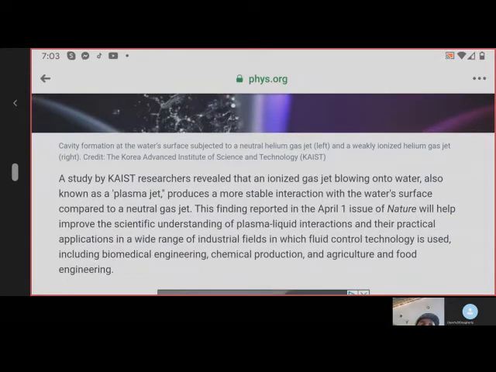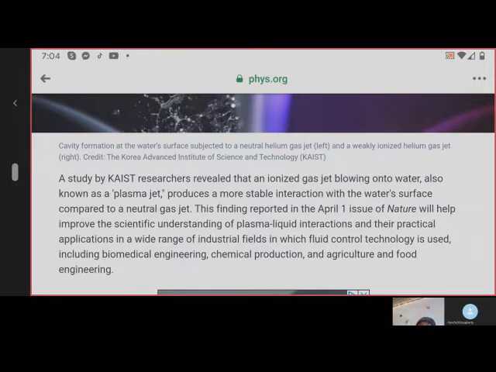A study at KAIST researchers revealed that an ionized gas jet blowing into water, also known as a plasma jet, produces a more stable interaction with the water's surface compared to a neutral gas jet.